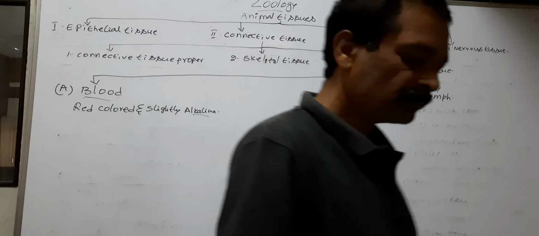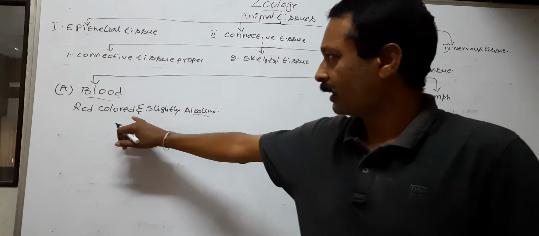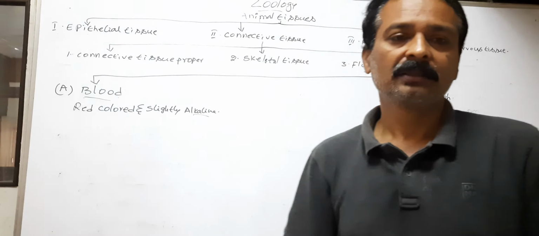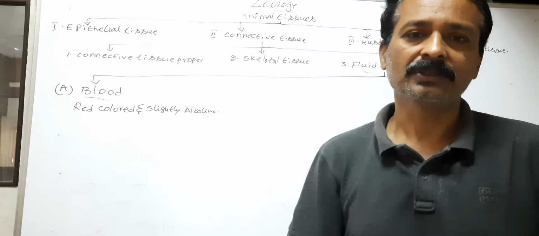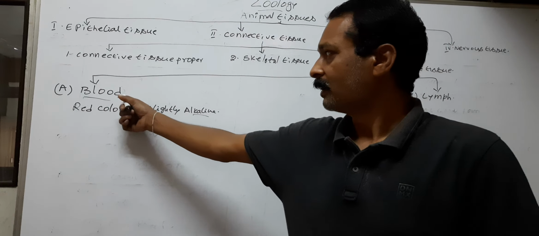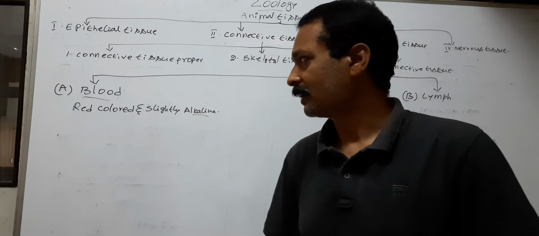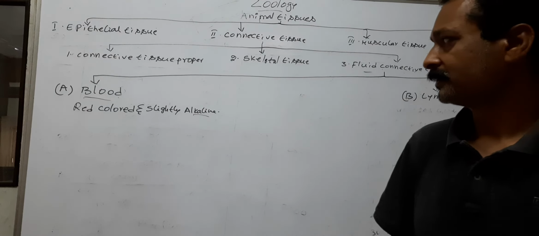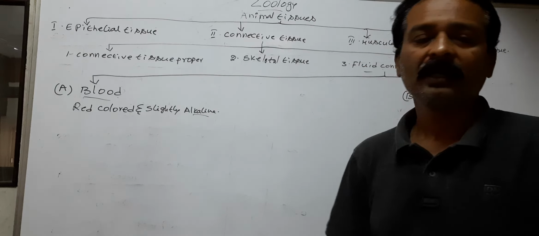The red colored blood contains hemoglobin, so due to the presence of hemoglobin, the blood appears red. It is slightly alkaline.